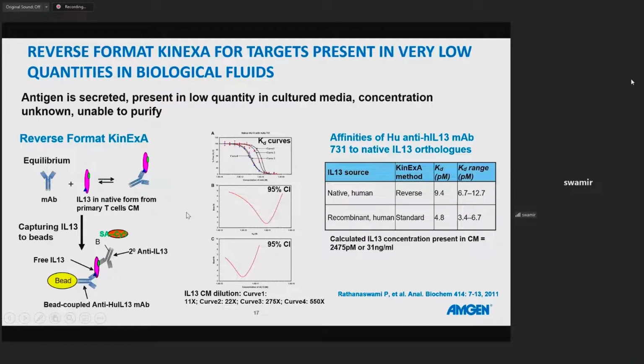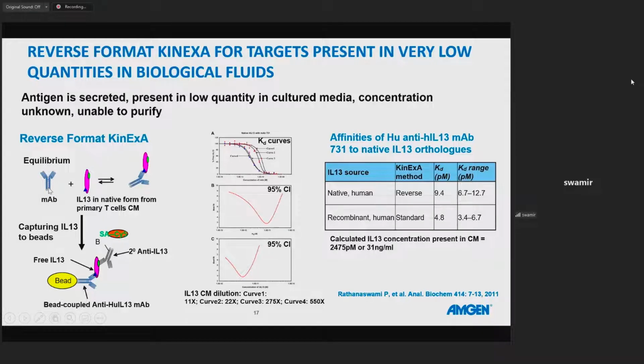When the antigen is secreted and not purified and has a very low concentration, we could still use KinExA to measure high affinity interactions. In this case, reverse format KinExA is used. Generally we titrate the antigen and use a constant amount of antibody. For the reverse format, it is reversed.